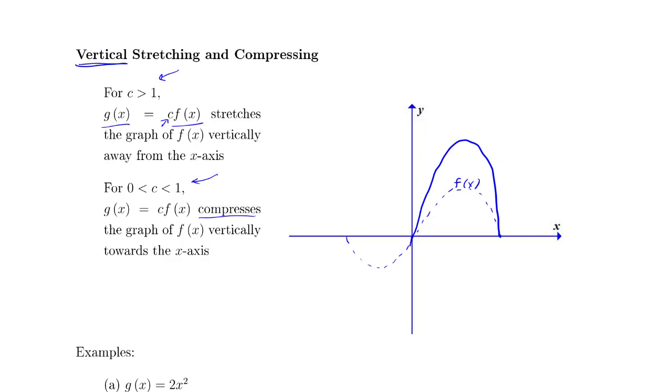The other way, it gets stretched down away. All right, so this is c f of x, where c is greater than 1. Now, on the other hand, if we did a c that was between 0 and 1, it would shrink it towards the x-axis, compress it. So we would get something more like this. Okay, so this one here is also c f of x, but when c is between 0 and 1.